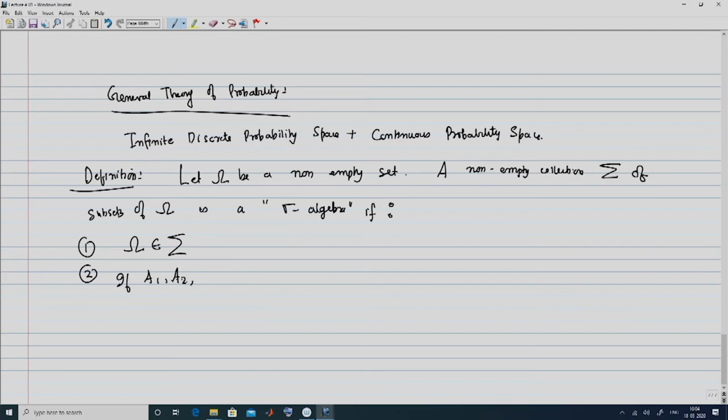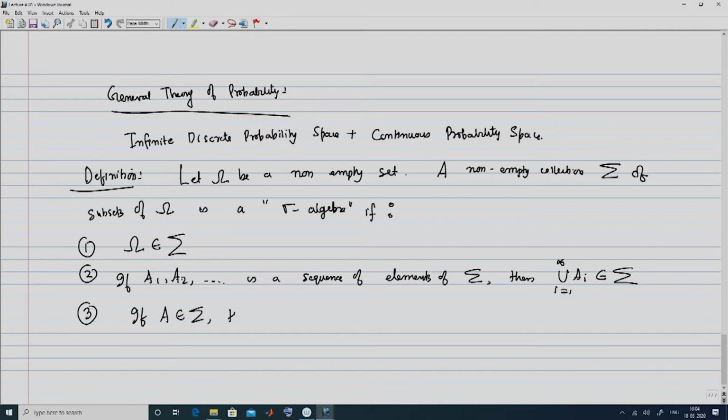So, if A 1, A 2, all the way, is a sequence of elements of sigma, then the union of all these A i, i equal to 1 to infinity, also belongs to sigma. And the third property is closure under complement, which says that if A belongs to sigma, then the complement of A also belongs to sigma.